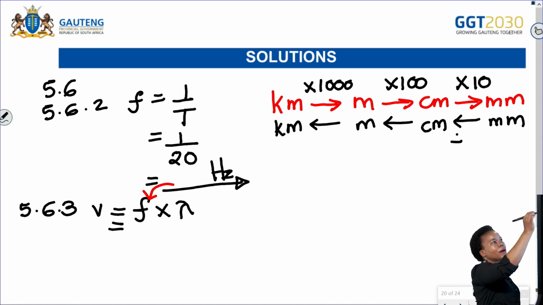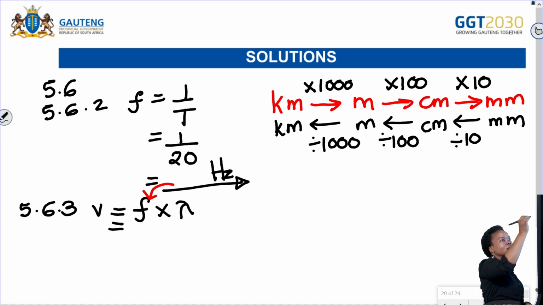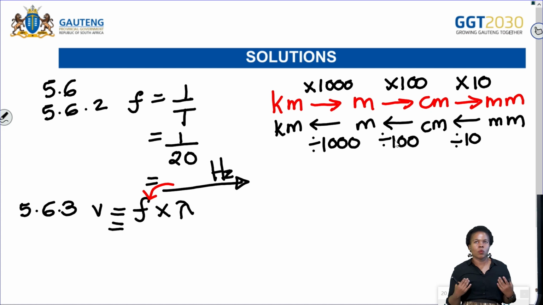So this is divided by 10, this is divided by 100, this is divided by 1,000. And then you ask yourself, what do I want? Which unit am I moving to? And where am I going to?